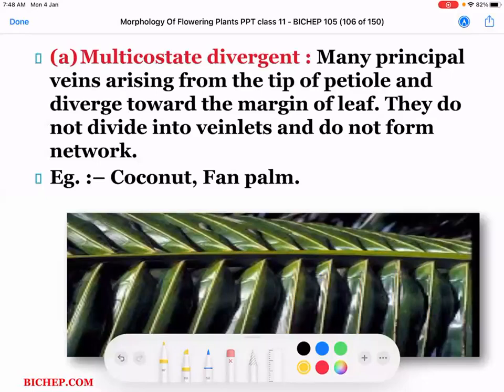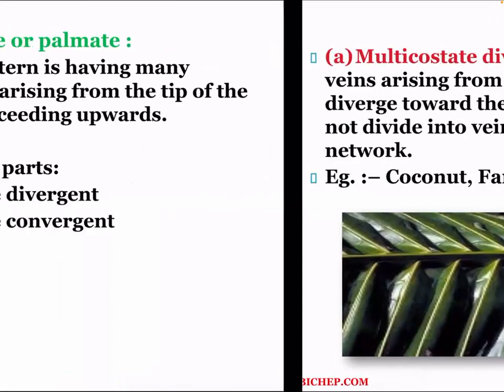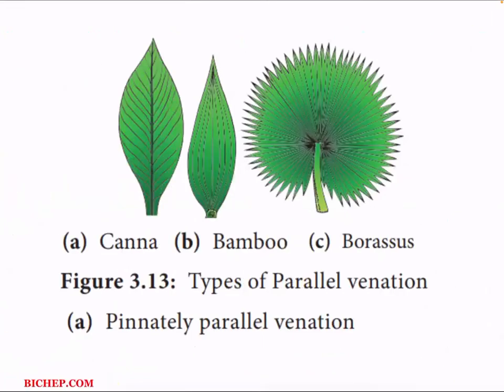So divergent examples are coconut and fan palm. Fan palm is the example which is given here. This is the third one, Borassus is fan palm.